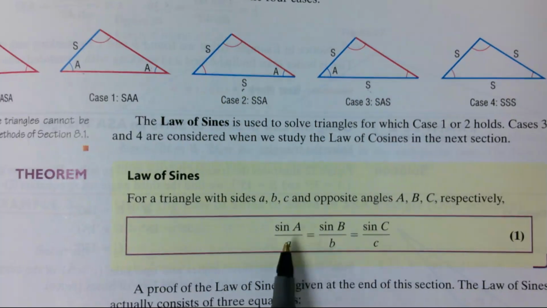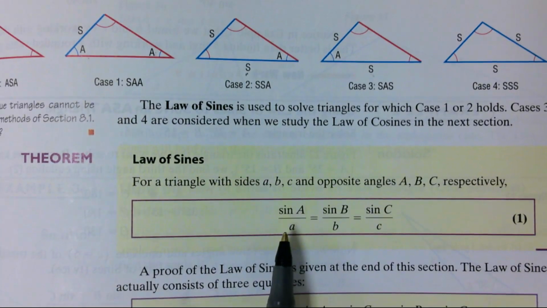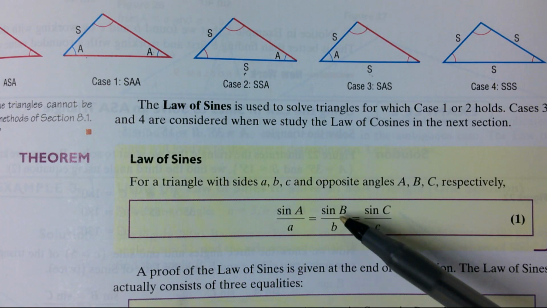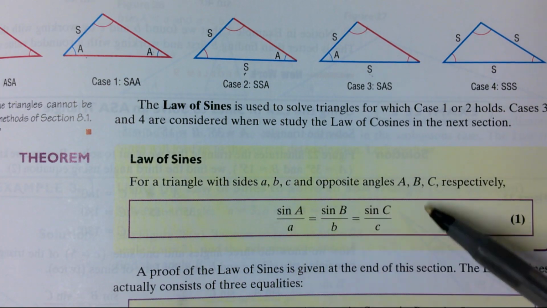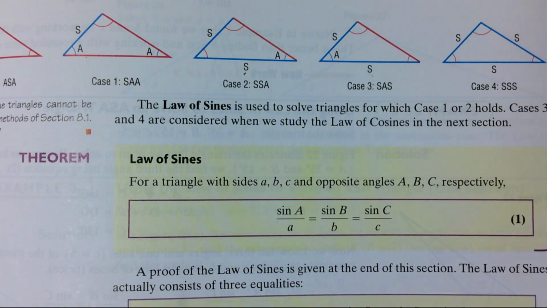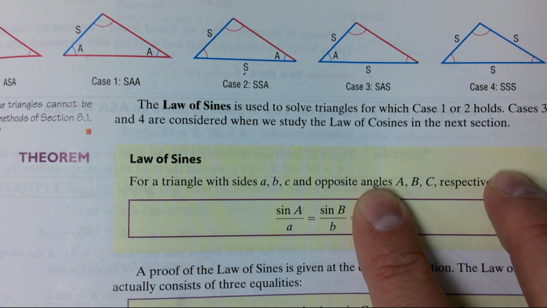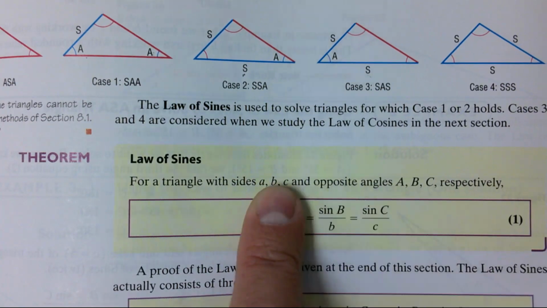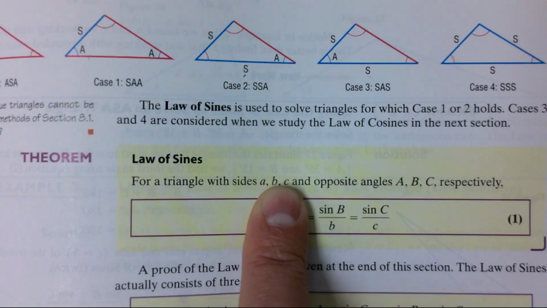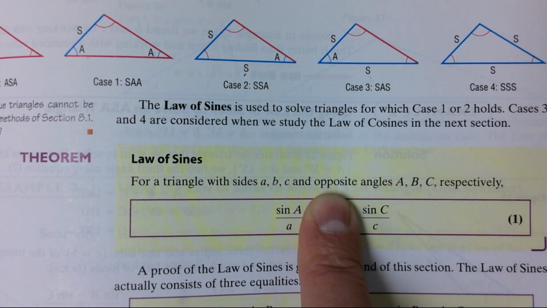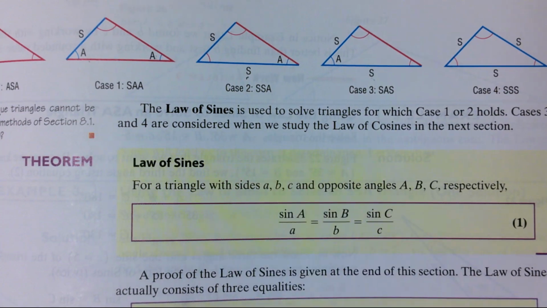You're going to have a ratio, sine A over A, sine B over B, and sine C over C. Now, sometimes you're going to just use two of those and cross multiply, you know, 3 out of the 4. Sometimes you're going to use another pair and use 3 out of the 4. So the main thing is you're going to be cross multiplying.